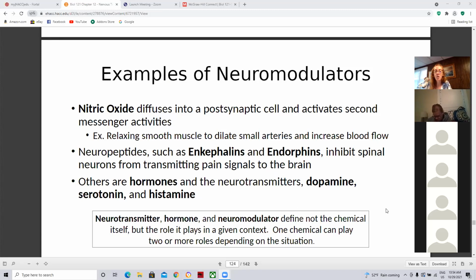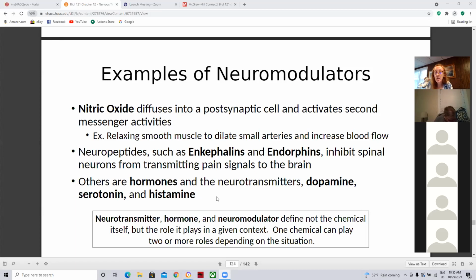Other signals are hormones and neurotransmitters like dopamine, serotonin, and histamine. One thing to keep in mind here: hormones and neurotransmitters like dopamine, serotonin, and histamine are also neuromodulators. So some neurotransmitters also act as neuromodulators. Some neurotransmitters act as hormones.